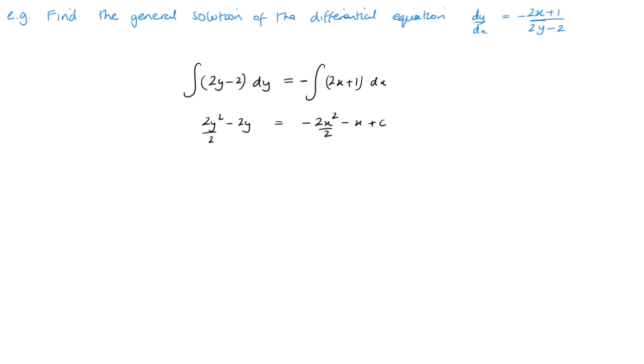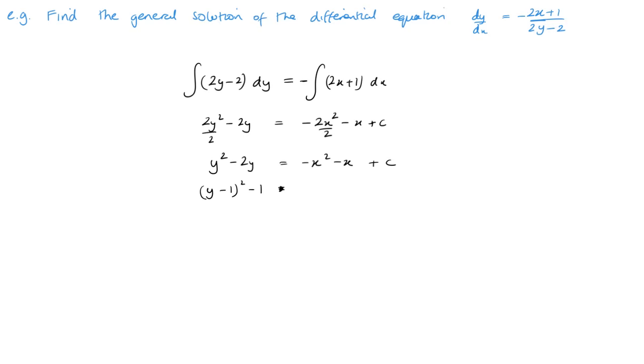Now, usually in an exam, if they want it in a particular form, they'll give you an idea of that form. Now, I'm just going to tidy this up. So we got y squared minus 2y equals minus x squared minus x plus c, and this is y minus 1 squared minus 1.